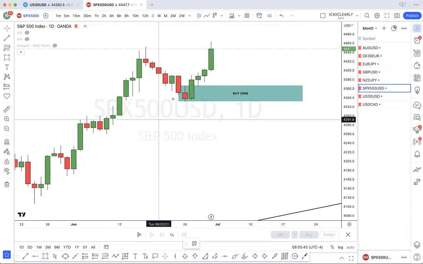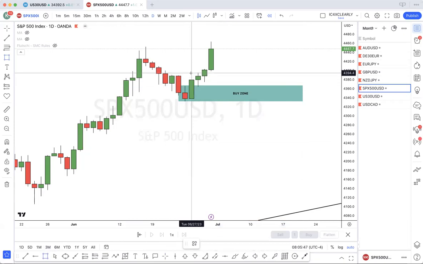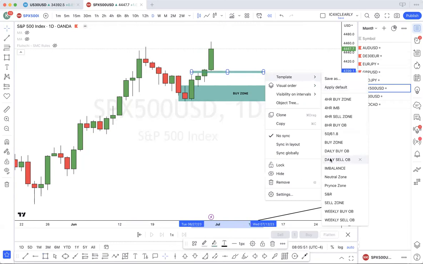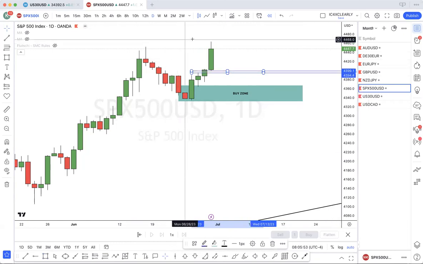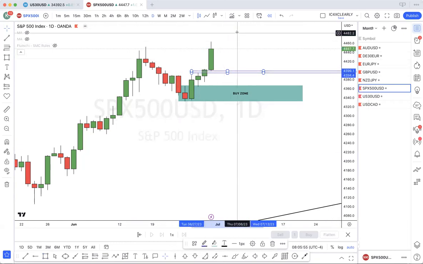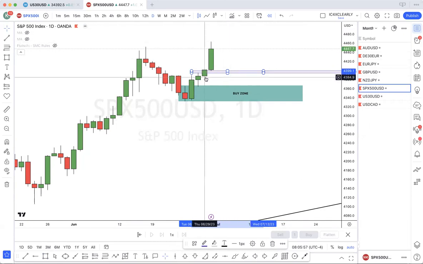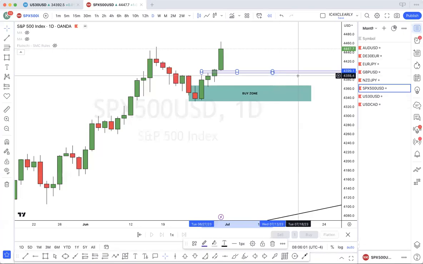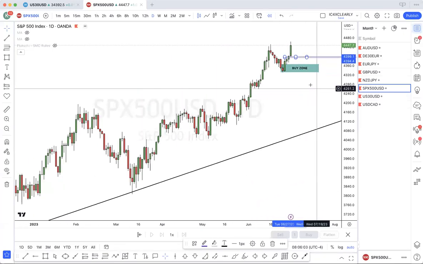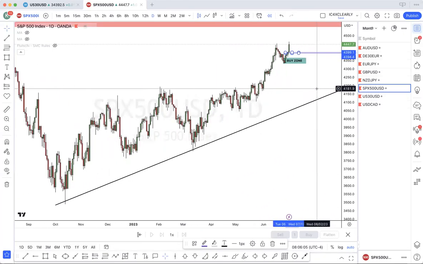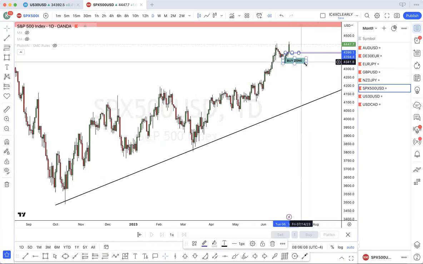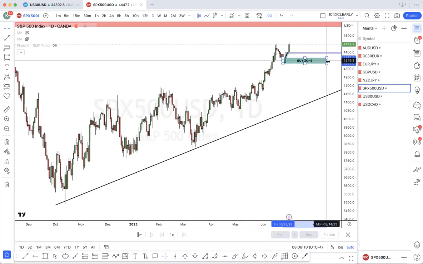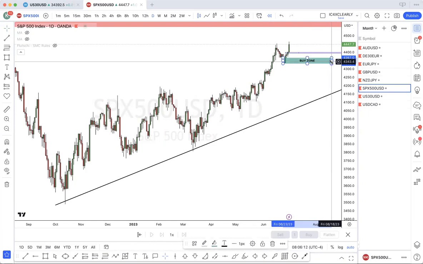There is imbalance here. The price could pull back into the imbalance and continue up, or pull back to the zone and continue up, continue buying. But I would be buying and not selling.